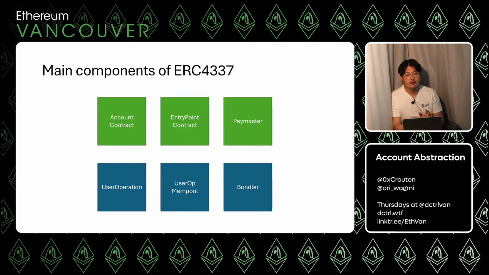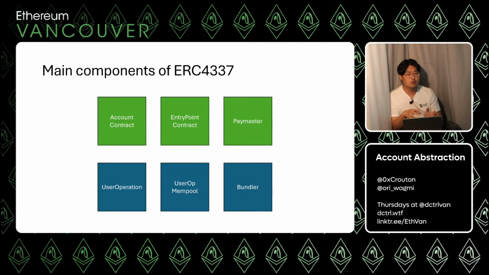So those are user operations. Once they're constructed, they will be submitted to the user op mempool. Just like the Ethereum mempool, this is a decentralized, permissionless, peer-to-peer network where bundlers are able to find and exchange user ops and build bundle operations. And then finally, there are bundlers. Bundlers are nodes of this user op mempool.